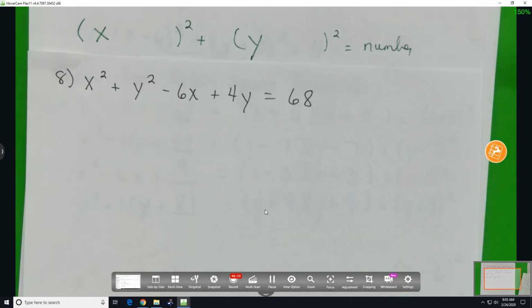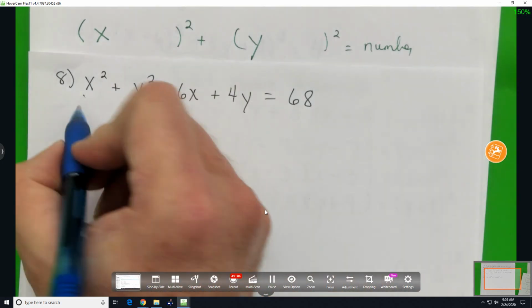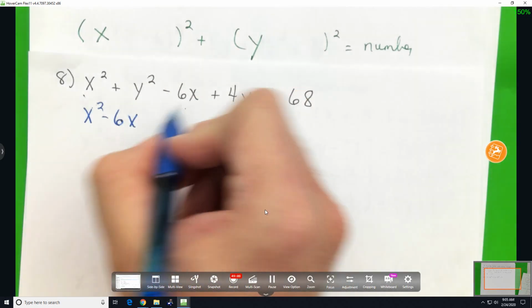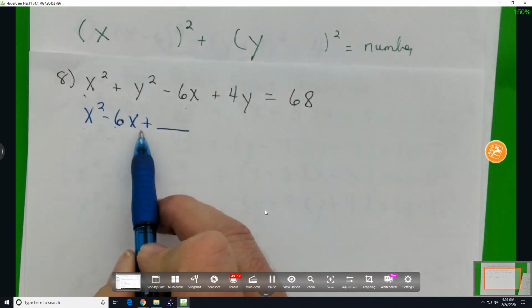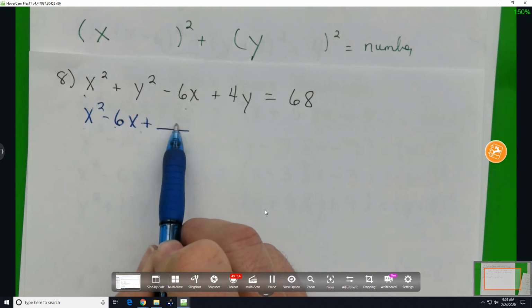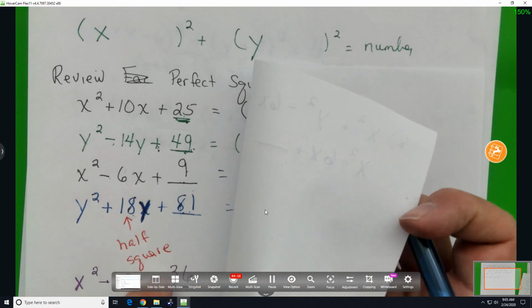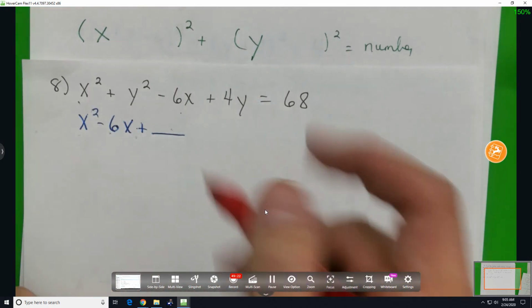Well, to get started, rewrite the two x terms followed by a plus blank. That blank right there is the exact blank that we were using over here. Then I'll write the y terms.